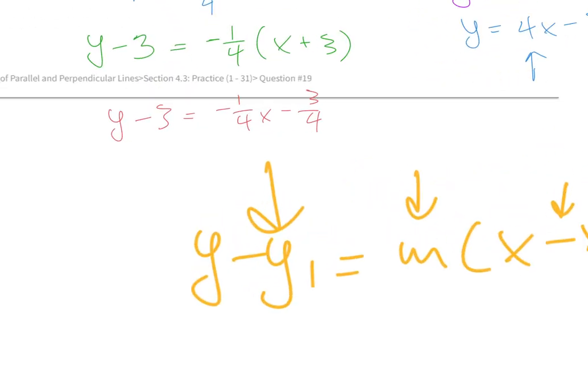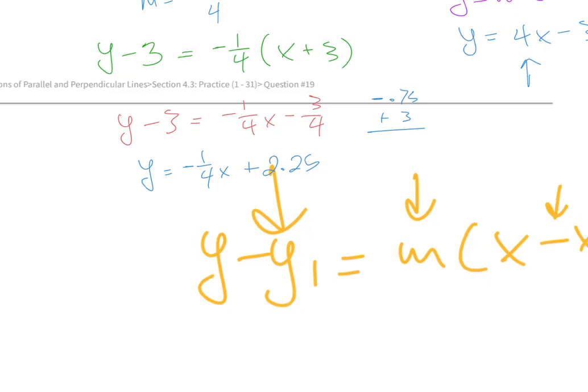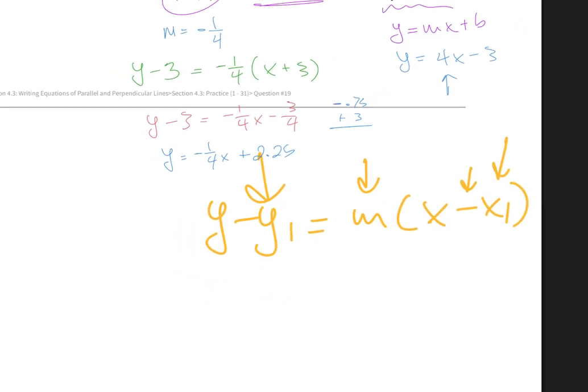So let's see, y equals negative 1/4 x. If I owe you 75 cents and you give me, hang on, negative 0.75 plus 3 is positive 2.25. They probably want me to write that as a fraction.